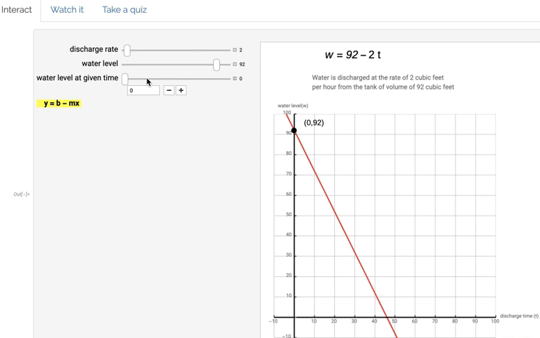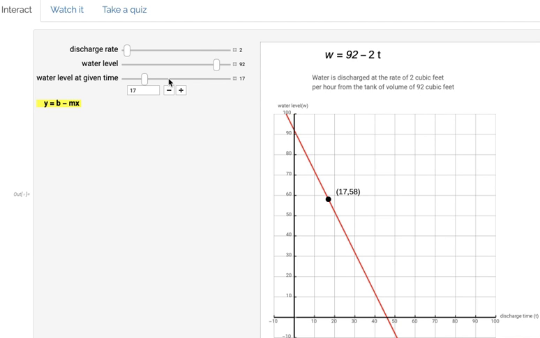Now if I increase the time, so now the time is 17. When t equals 17 on the x-axis, the water level goes down to 58. Similarly, the water level goes all the way down to 0 at this point.